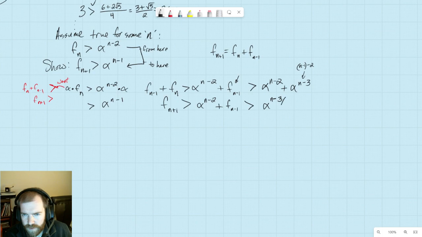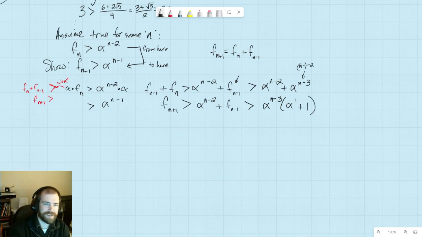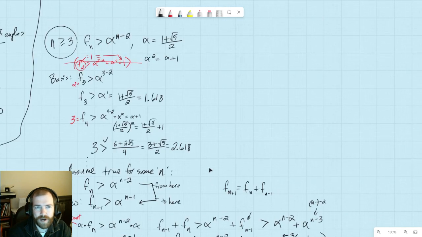Let's just do n minus 3 for right this second. And I think this is gonna... Yeah, this will work. Alright, so alpha to the n minus 3. Okay, it may not work, but it'll look good. If we're taking this out, then this leaves this with 1 extra alpha. And then this just leaves a plus 1. Alpha plus 1 is equal to alpha squared from up here.